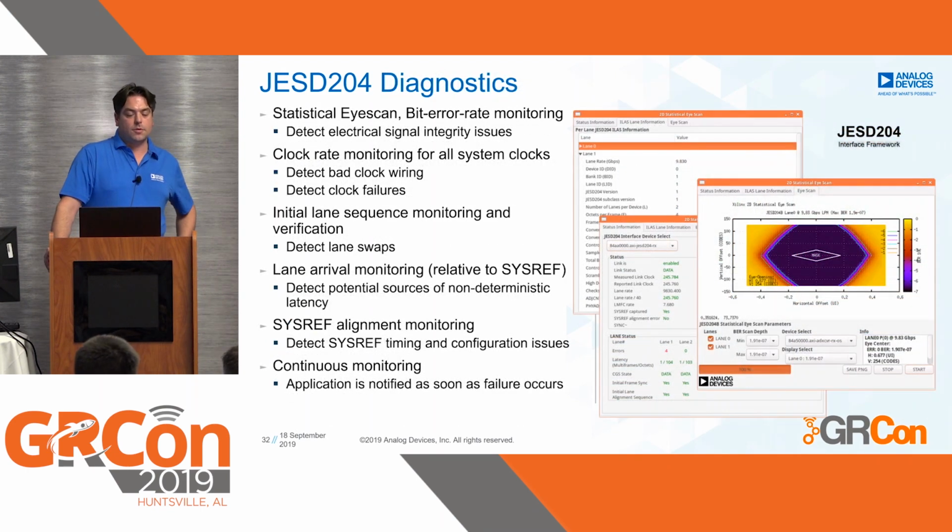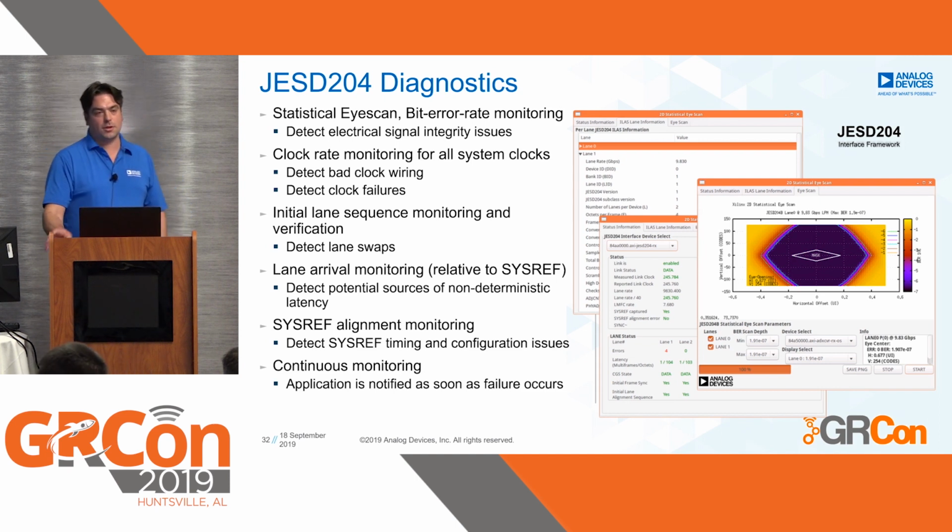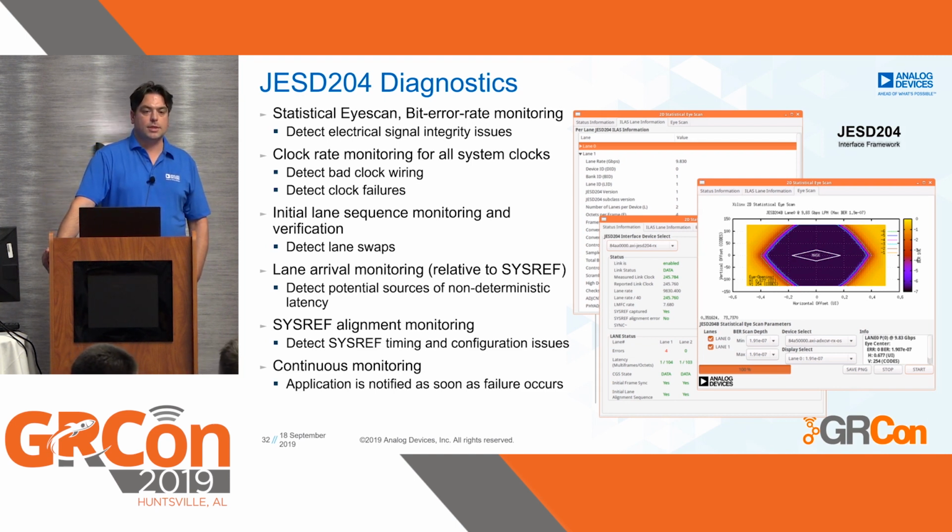We also try to make it fail-safe, because a lot of things can go wrong. We have implemented statistical eye scan, so you can look at the eye opening of your gigabit serial links without using expensive instrumentation devices. It's a feature built into the Xilinx gigabit transceivers used here. We have clock rate monitoring, so we can detect bad clocks, and lane sequence monitoring, to see which lane arrives first.